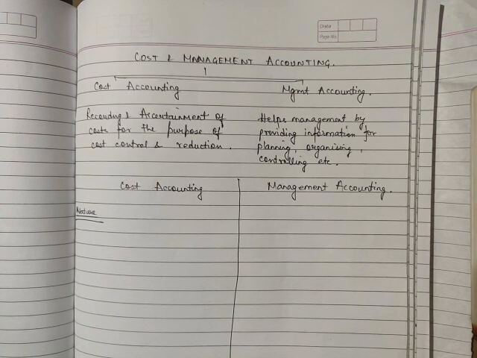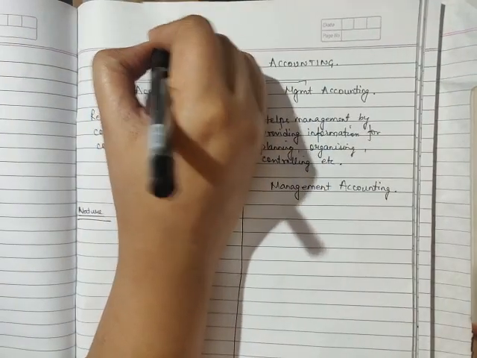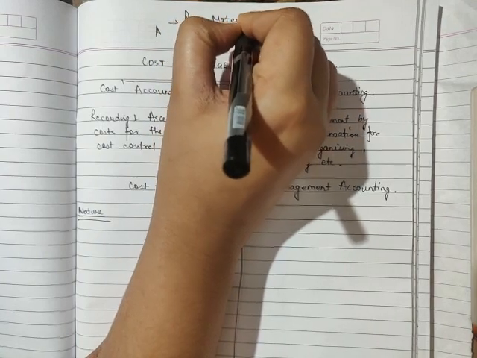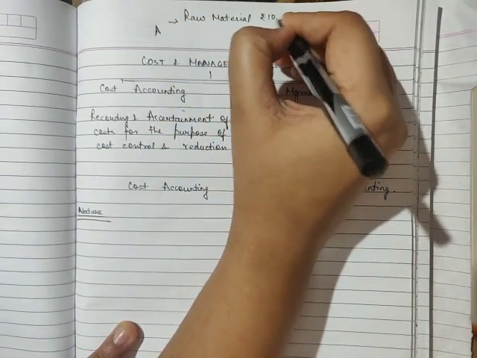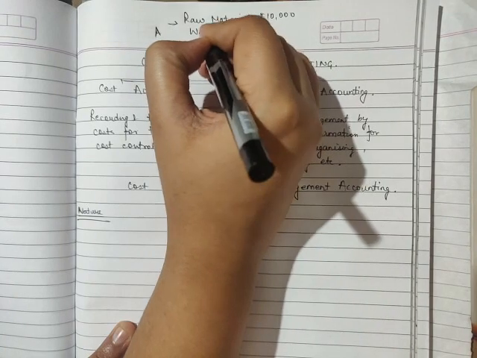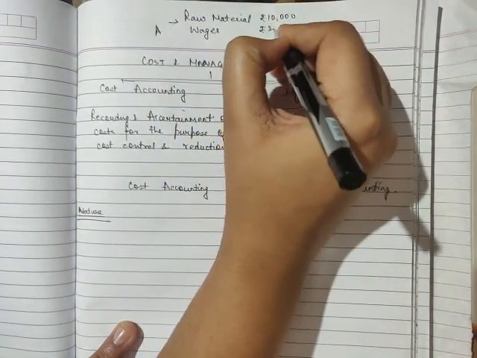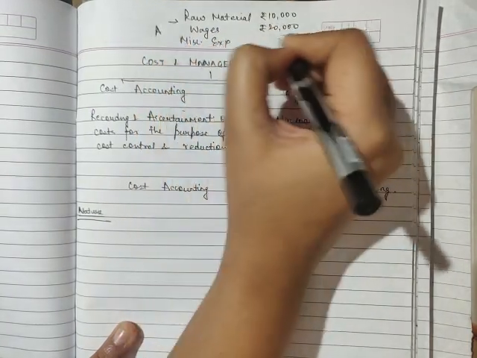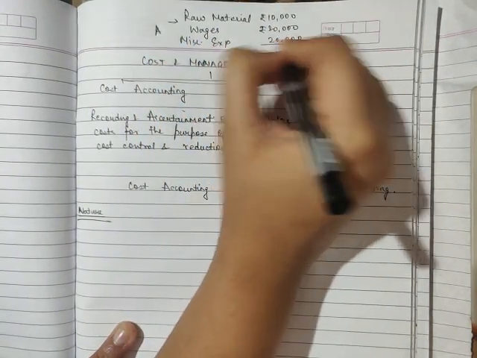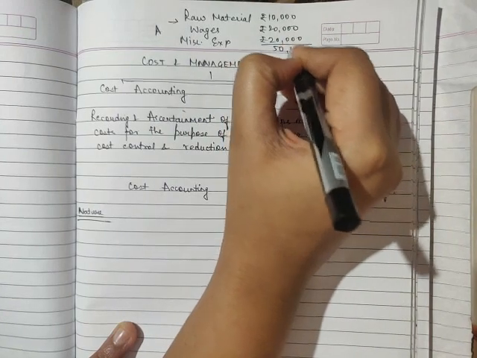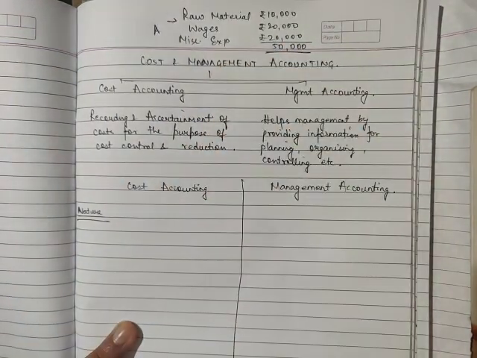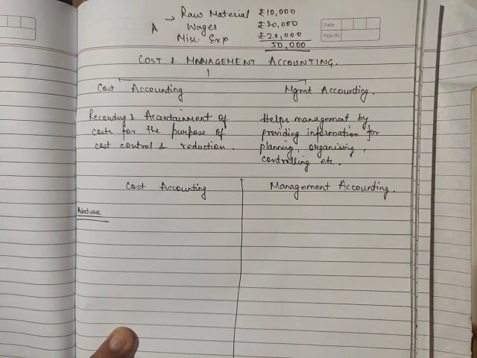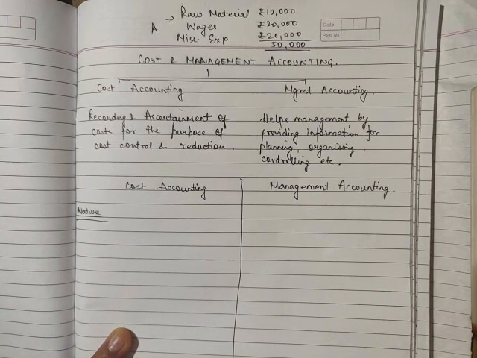Say, for producing a product A, we have incurred raw material of 10,000 rupees, wages 20,000, and other miscellaneous expenses of 20,000. So the total cost is 50,000. This is what cost accounting helps us in ascertaining. So it records only quantitative data.